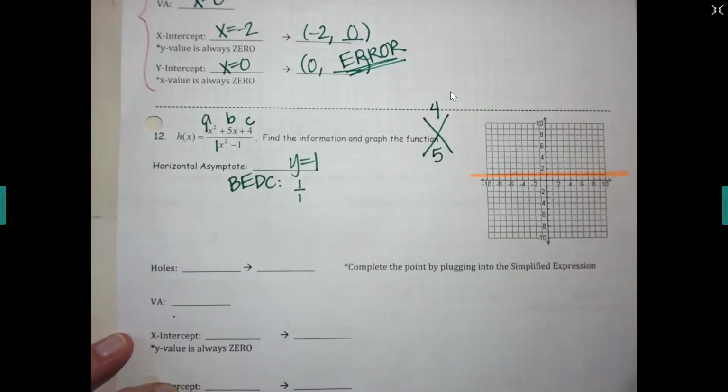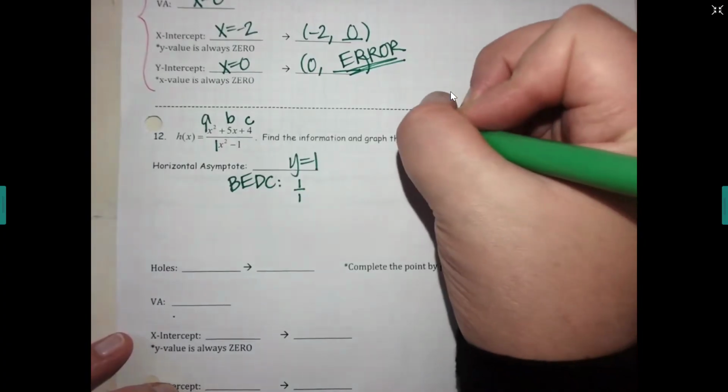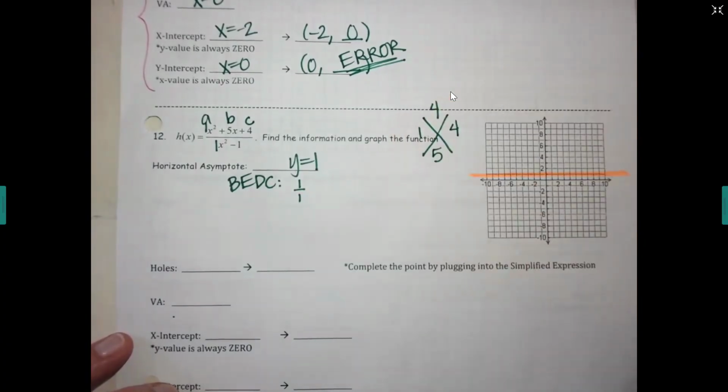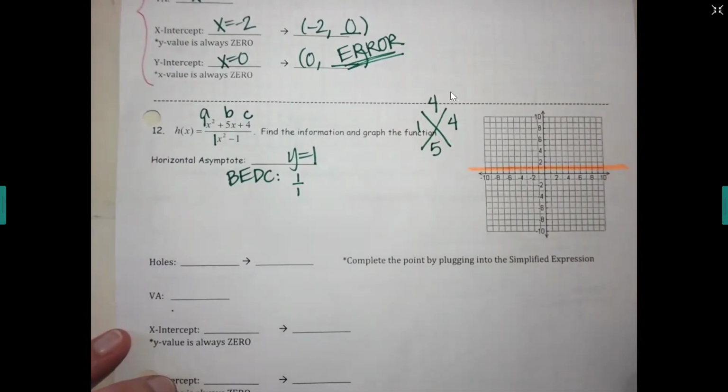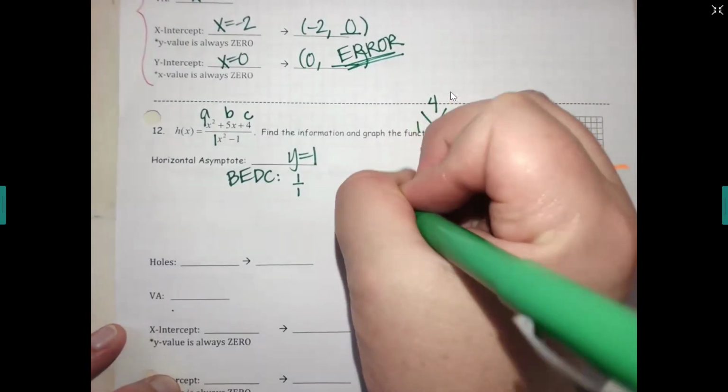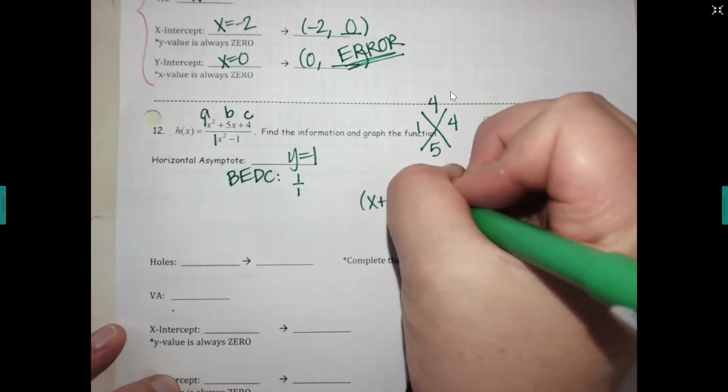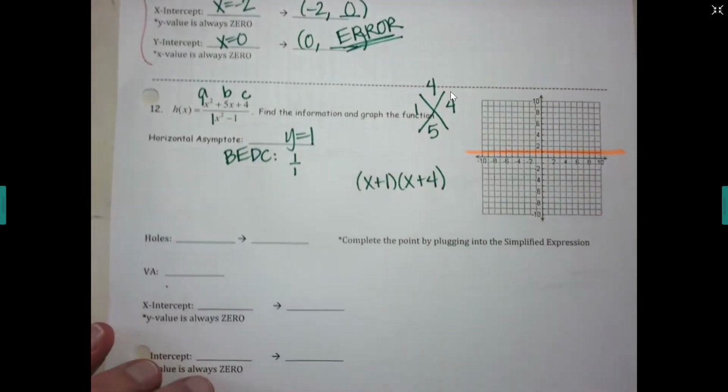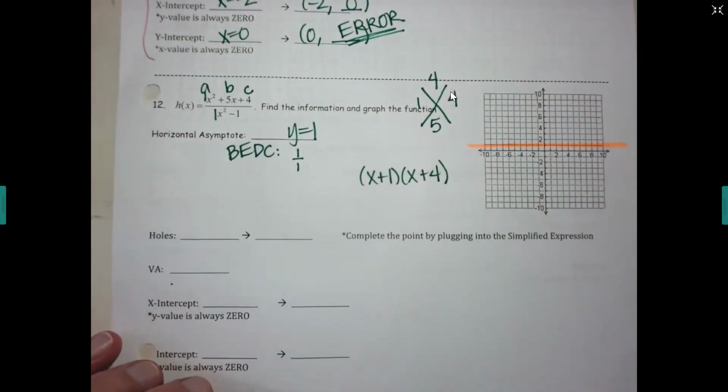What numbers can times to 4 and add to 5? 1 and 4. Now notice my A is a 1. That's good news, because that means those are my parentheses. So it'll be an x plus 1 and an x plus 4. If my A was something else, I would still have to divide and slide, but luckily it's not.